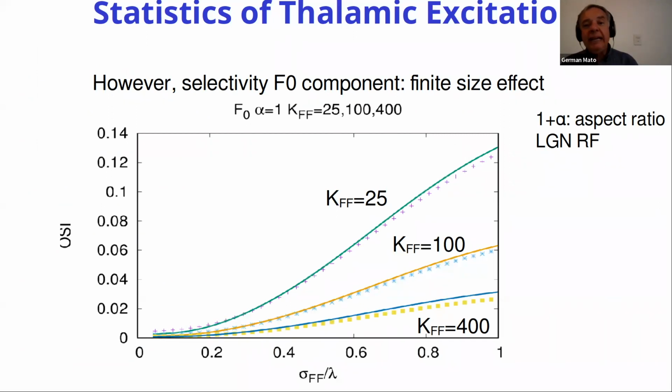If we plot the selectivity of the F0 component, we find that indeed there is selectivity, but this selectivity is a finite size effect. If we compare KFF 25, 100, and 400, we see it goes down with KFF.